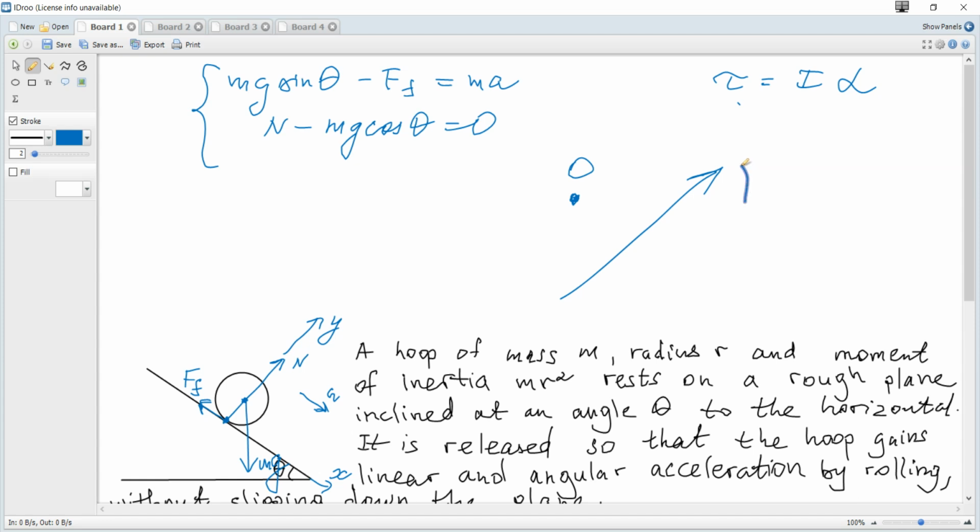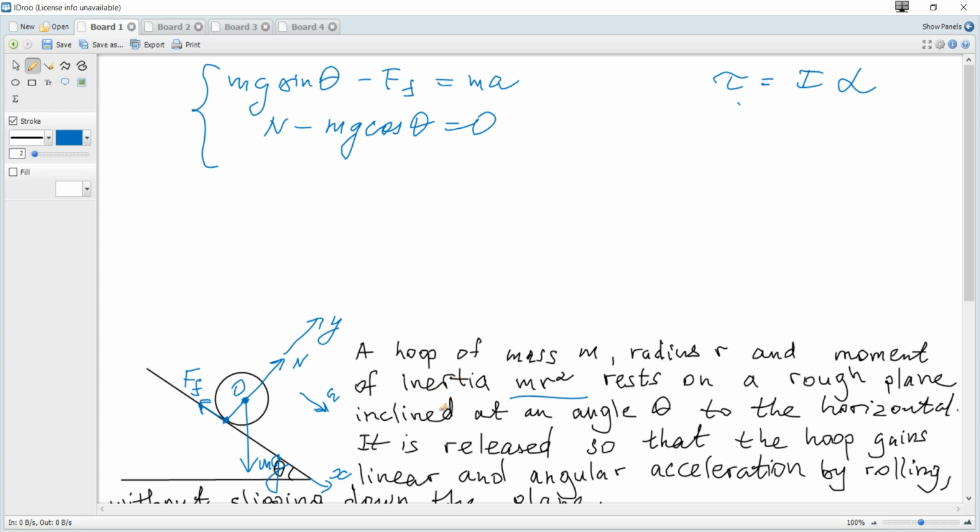For example, the moment of force F with respect to point O is force F multiplied by this distance D. This D is called the lever arm, or also the pivot. So we consider moments about the center of the circle. Why? Because the moment of inertia is actually about the center of a cylinder in general, so the center of the hoop here.